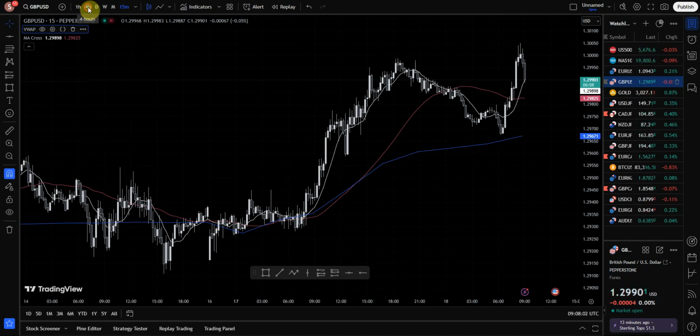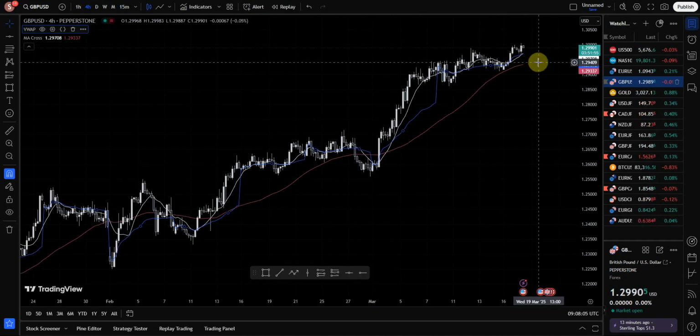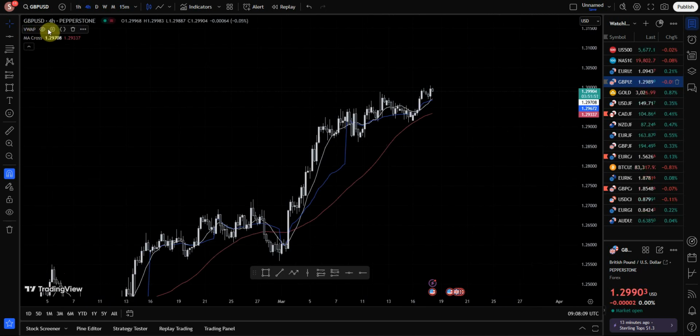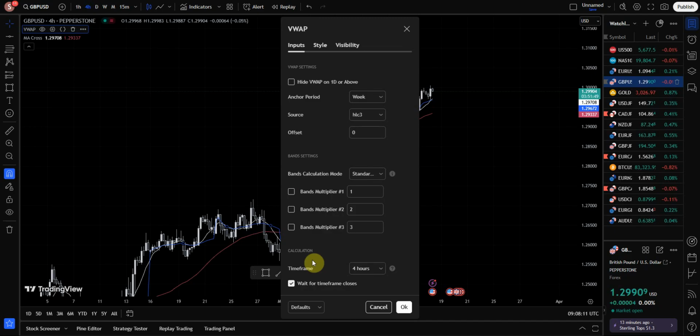That's why I anchored mine to the H4. Let me save that setting as default so that it's not going to go back to chart again.